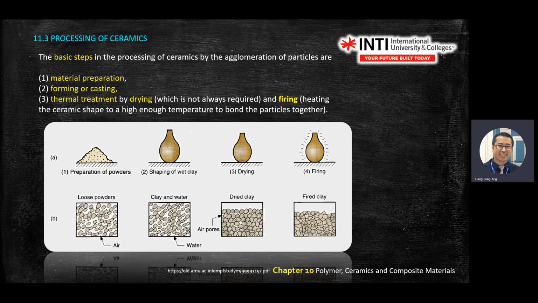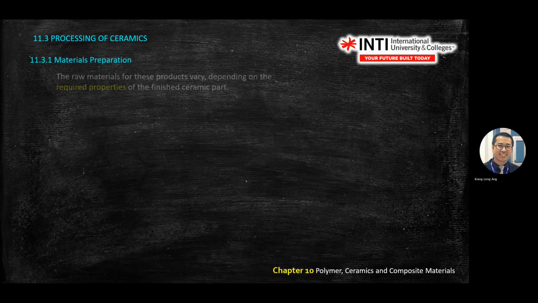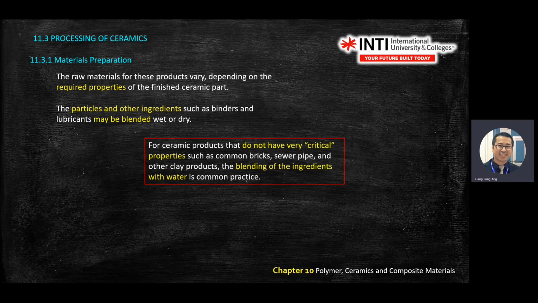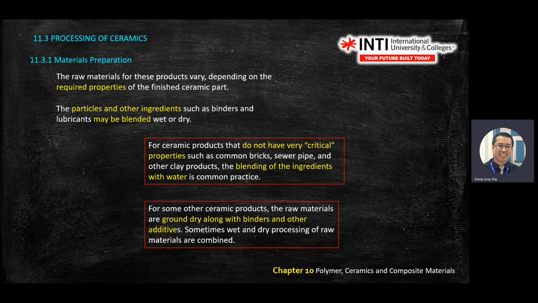That's why ceramics are able to keep water very cold, because of these holes. And then the firing. All this goes very fast. Material preparation, you blend it and so on.